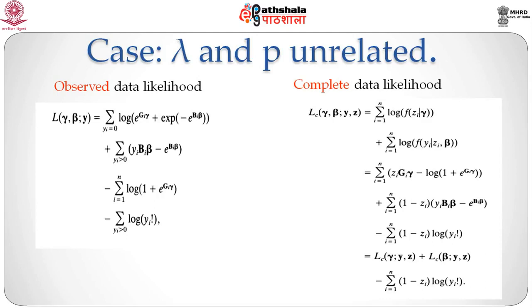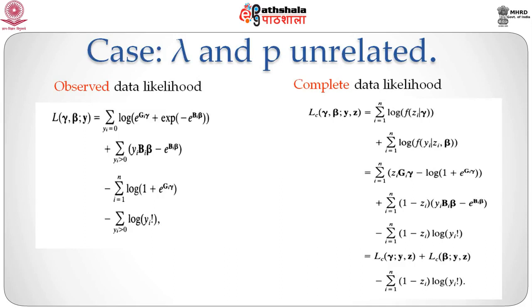But suppose we knew which zeros came because the setup was in the perfect state, and which zeros came because it was in an imperfect state. That is, we know which zeros come from the Poisson distribution.